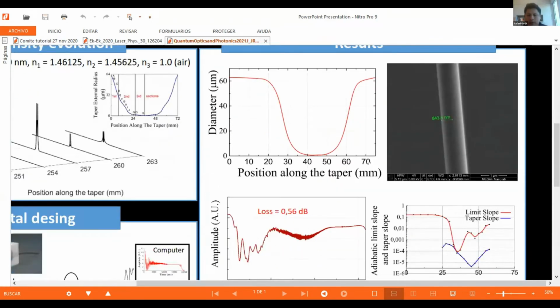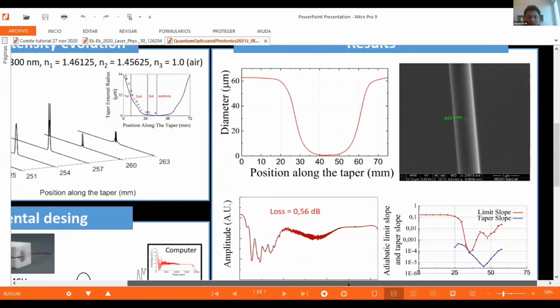For example, this one we measured in the scanning electron microscope, and we can see that we can reach tapers with 800 nanometers. And in the left graph, I show you the shape of the taper, which, if you see, is almost the same as in the simulation in the first graph.